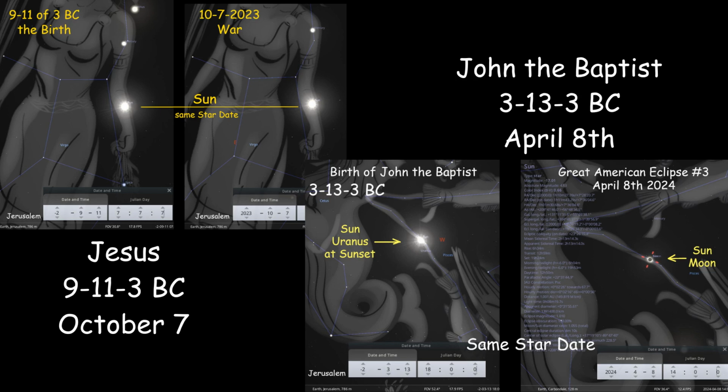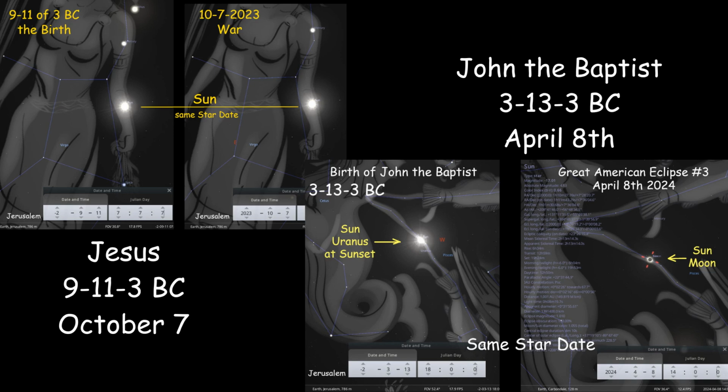These are star dates, and where our star actually is on God's clock. As you know from all the calendars, you can name these dates whatever you want. It doesn't change God's clock in the heavens. And the same as John the Baptist's birth of 3/13 of 3 BC, because he was 6 months older than Jesus, which is 182 days.